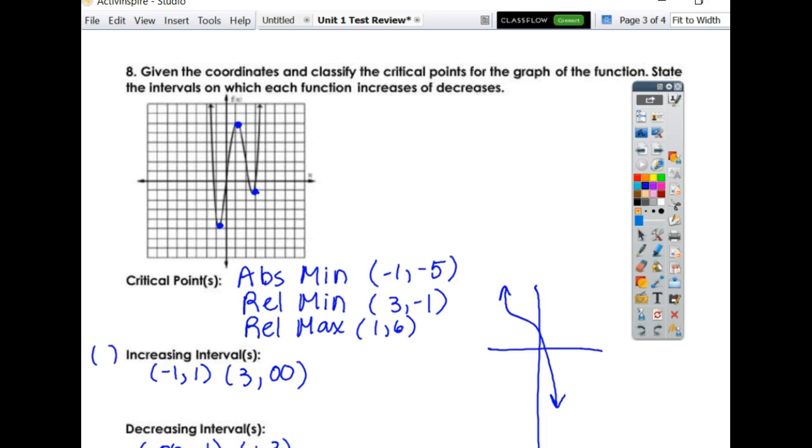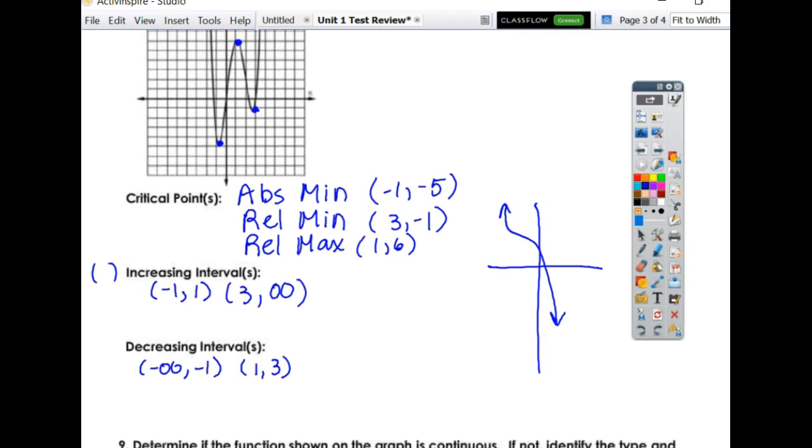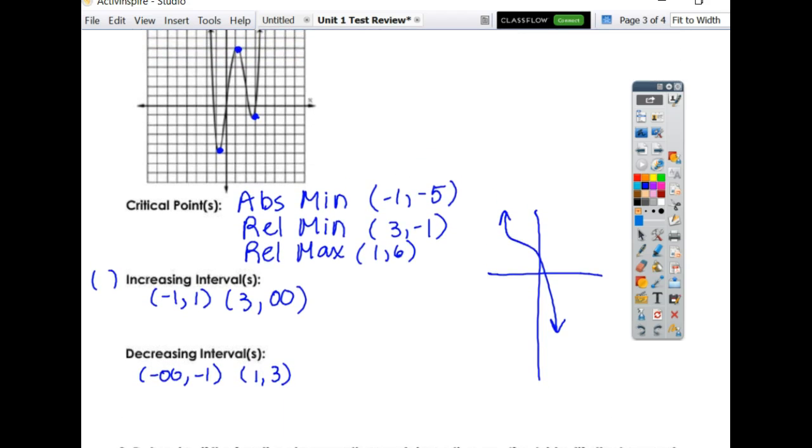All right. So then it asked for the increasing and decreasing intervals. So we always start on the left-hand side. And if I put my finger here, it's decreasing. So it's decreasing from negative infinity, and I know the number is off, right? I just put it as -1. Okay, I know it's off. So negative infinity to -1. But then what happens?